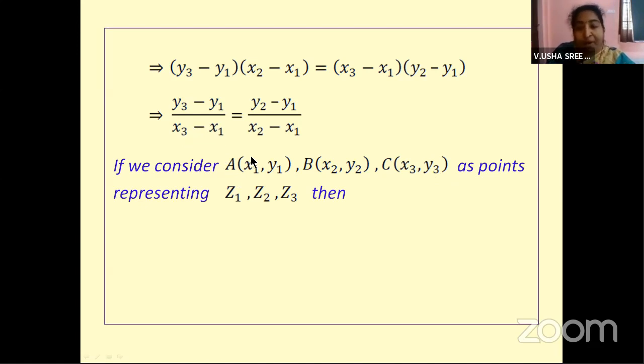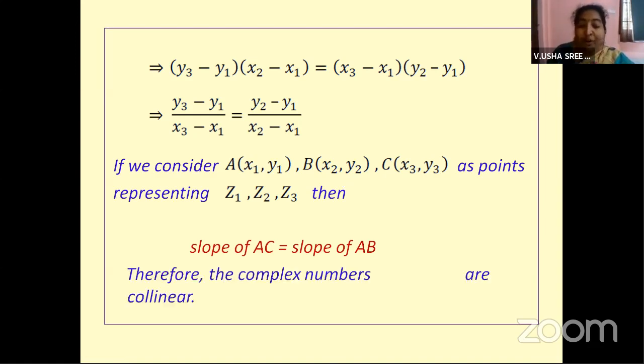What is the slope of AB? It is (y2 minus y1) by (x2 minus x1). So slope of AC and slope of AB are equal. Therefore, the given complex numbers are representing collinear points because A, B, C are the 3 points which are lying on the same straight line. How can I conclude that? Because slopes of AB and AC are equal.